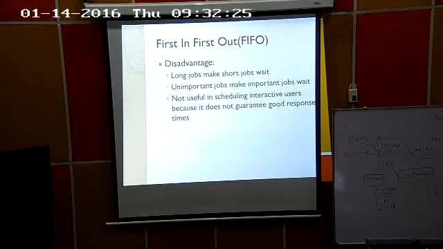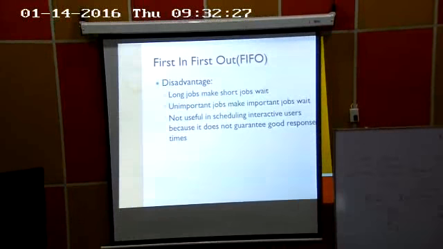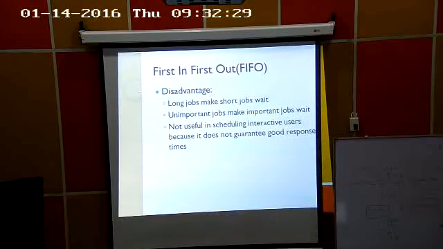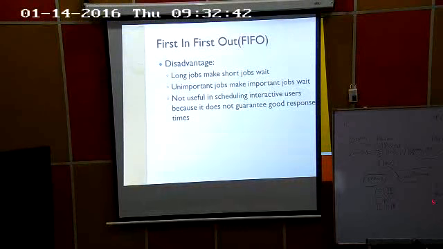The disadvantages: even though FIFO is simple, it has a lot of disadvantages. For example, a long job will make a short job wait. For example, job 1 requires around 30 minutes, job 2 only 5 minutes.